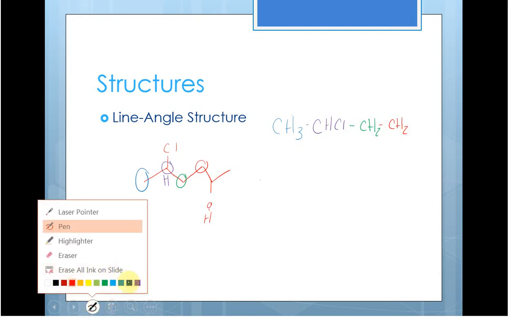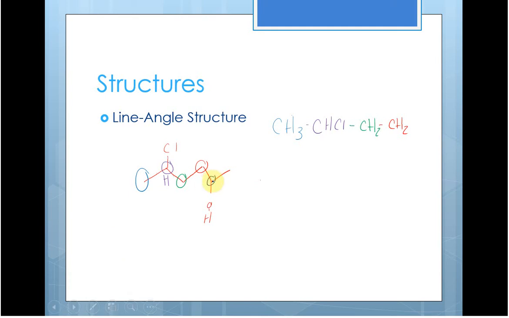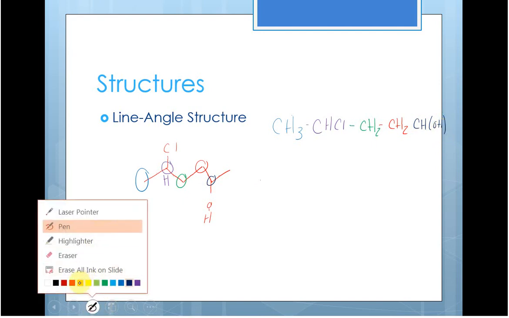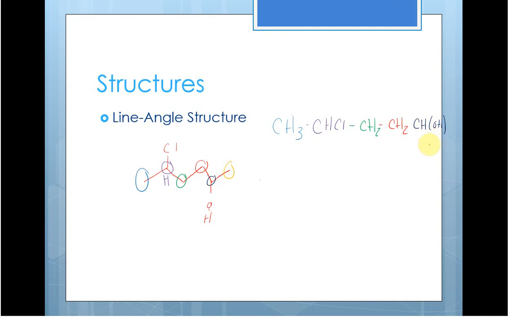We'll make it work. Then we're bonded here, where we've got a C with 3 bonds, so it's got an H and an OH bonded to it. And then finally we have this carbon over here, and I think I can fit. It's only got one bond, so there are 3 hydrogens attached.